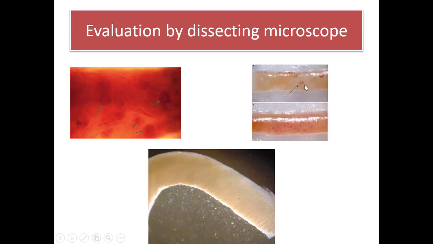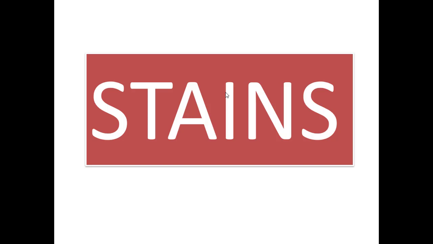Okay, and this is how to count the glomeruli. If I take a core without sufficient glomeruli, I can take 2 or 3 cores before discharging the patient from the procedure. And then we'll come to the stains.